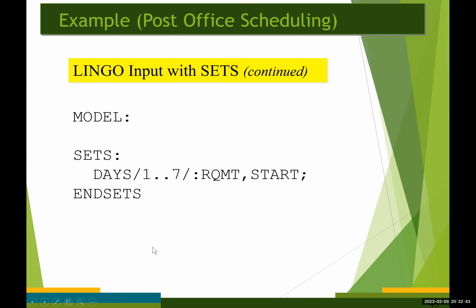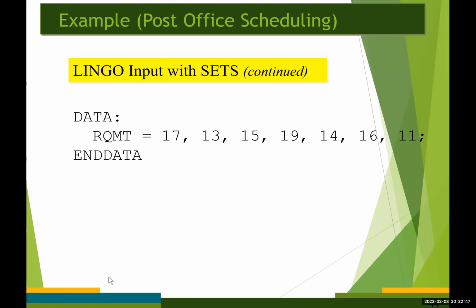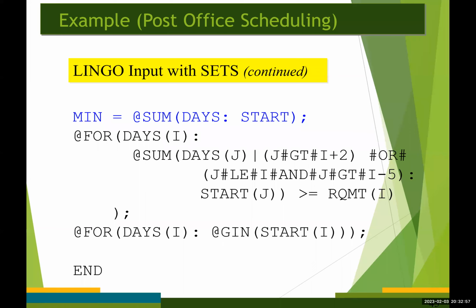And that covers the sets and the definitions of the sets. And next, we input the requirements for each day of the week, right? In the data section. And next, we create an objective function by summing the number of workers starting work on each day of the week.